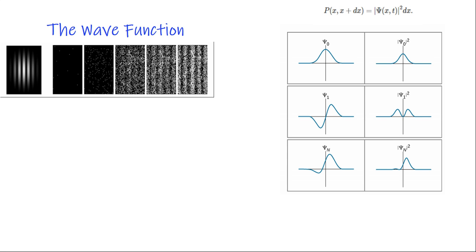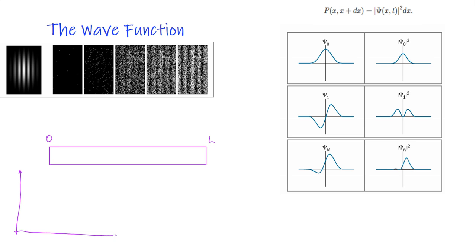So let's say that I have a PVC pipe, and the PVC pipe has a length of L, and I'm going to label it along the PVC pipe from 0 all the way to L. And I want to construct a graph that shows where a ball placed on the inside of the PVC pipe can be.